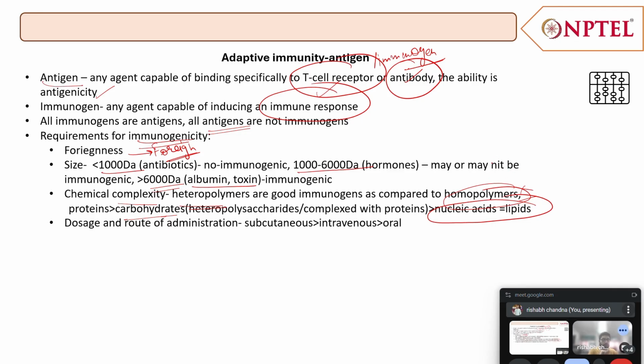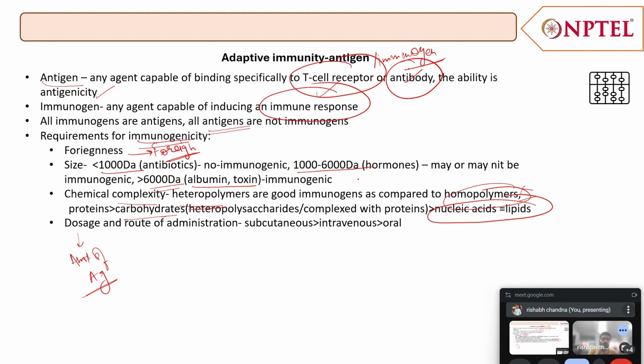Then there is the dosage and the route of administration. The amount of antigen going into the body determines how much immune response it can generate. Obviously, a high amount of antigen would induce a high immune response.